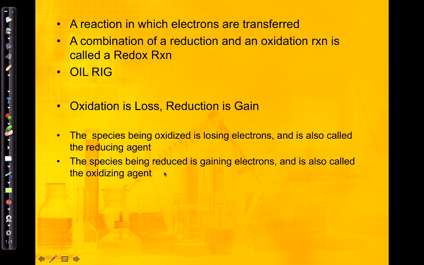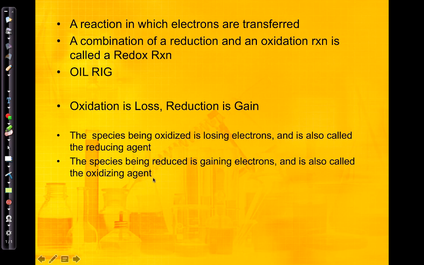Well, the way that we keep track of what's being oxidized and what's being reduced is we look at the oxidation numbers. So an oxidation number is very similar to a charge. And in fact, if the item has a charge, the charge and the oxidation number are the same thing. But not every single item in a compound will have a physical charge.